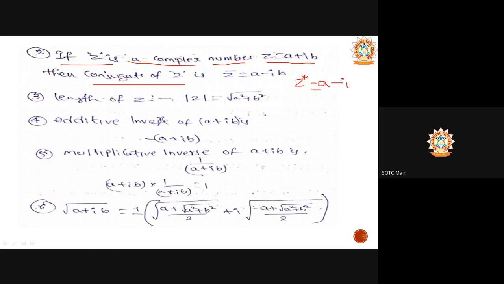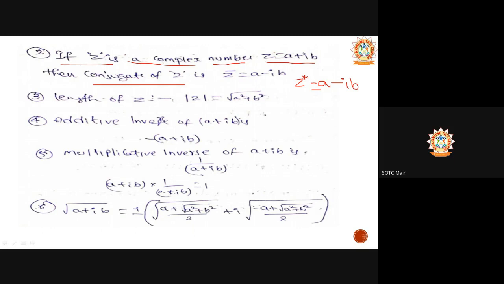So clearly, it is just the additive inverse of the imaginary part. Say yes or no? So that is the conjugate of this complex number, just the additive inverse of the imaginary part. If it is plus ib, it will become minus ib. If it is minus ib, it becomes plus ib.